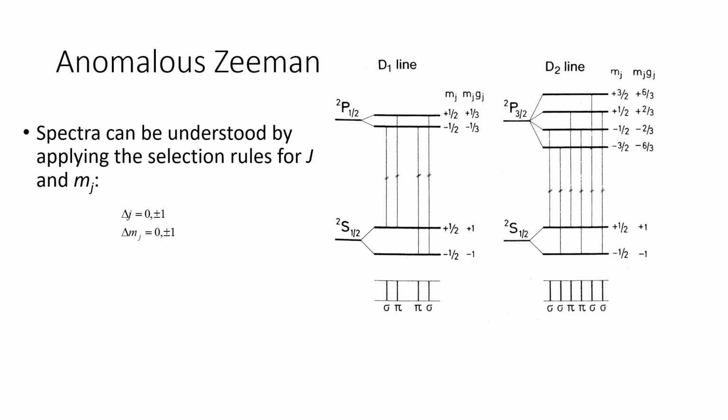Using this, we can calculate the values for the various spectral lines. When del J will be 0, when del J will be 1, we know this, that can be written as L plus S, so it can be calculated. And using this, you can explain this behavior of the anomalous Zeeman effect.